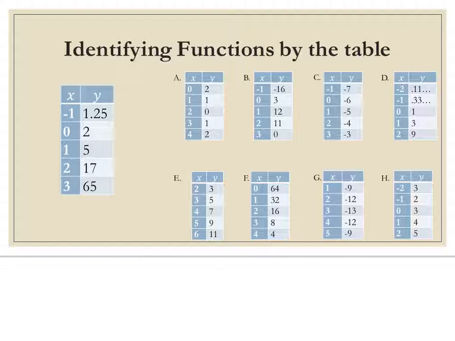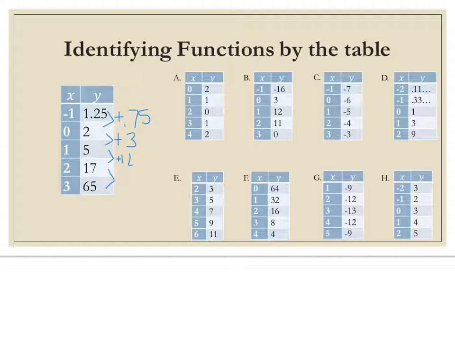All right, so we're going to do the same thing here. We're going to decide what type of function this table is. The first thing I'm going to do is count up to see how different these are. The difference between 1.25 and 2 is 0.75. 2 to 5, I'm adding 3. 5 to 17, I'm adding 12.